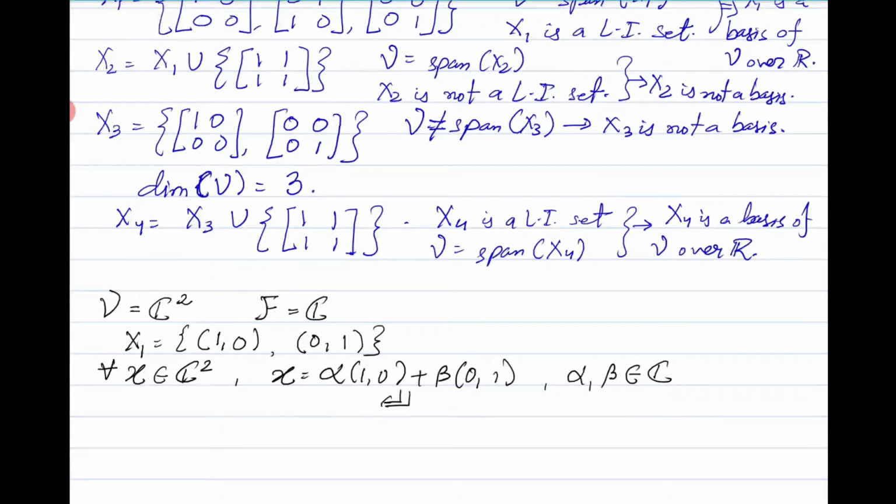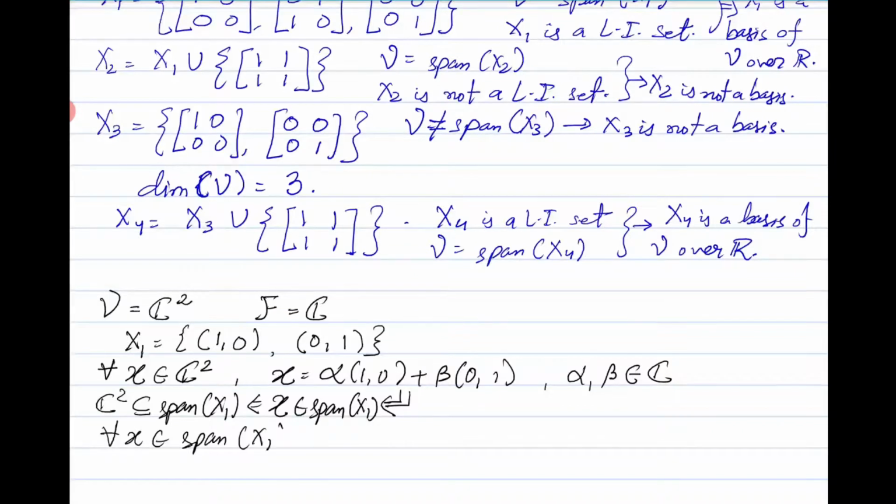This essentially implies that x belongs to the span of X1, which implies that C2 is a subset of the span of X1. Similarly, for all x belonging to the span of X1, you can show that x belongs to C2, which will imply that the span of X1 is a subset of C2.